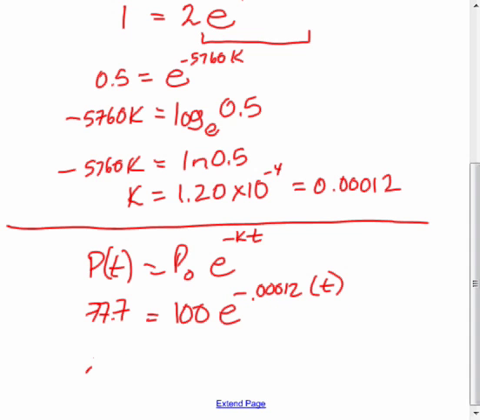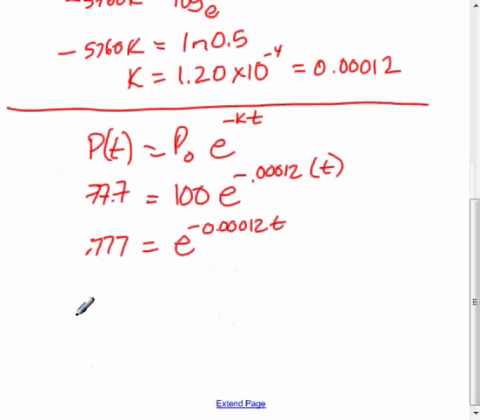I'll divide both sides by 100, so I'll have 0.777 is equal to e to the minus 0.00012t. Change to logarithmic form, so it'll be negative 0.00012t is equal to log base e of 0.777.